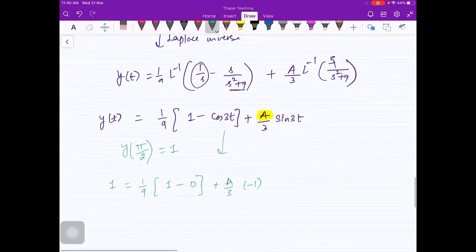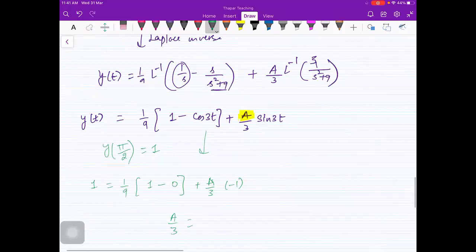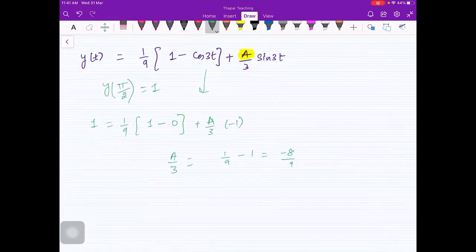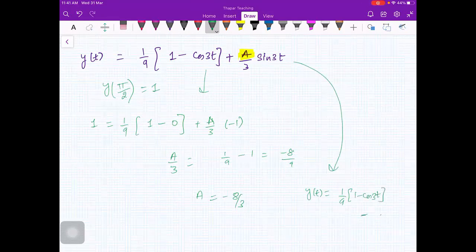So from here, you'll get your a. So a by 3 is 1 by 9 minus 1, which is minus 8 by 9. So your a is minus 8 by 3. So your final answer is y of t is 1 by 9 (1 minus cos 3t) minus 8 by 9 sin 3t.